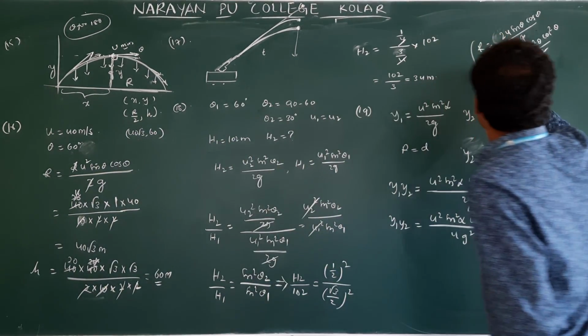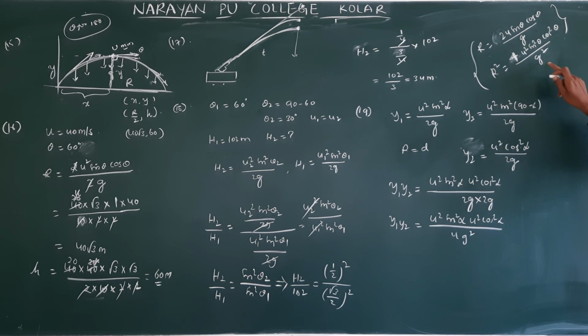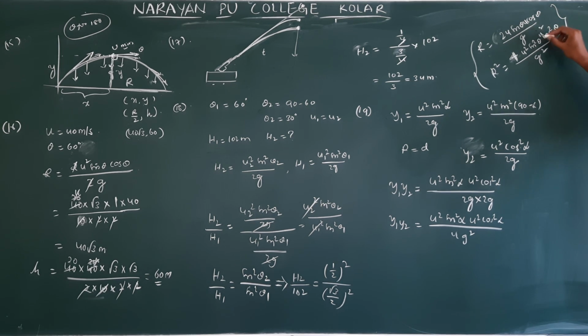Clear? So if we follow the R formula, which we already know, and square it, we get 4 u square sin square theta cos square theta by g square. The same terms are there here. One more u, and you will get u square.